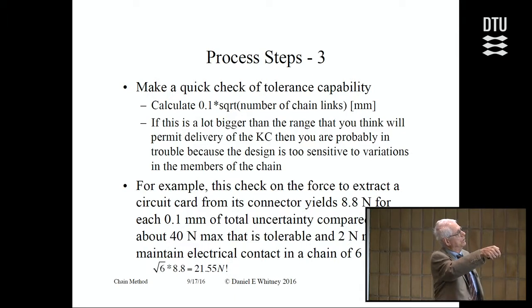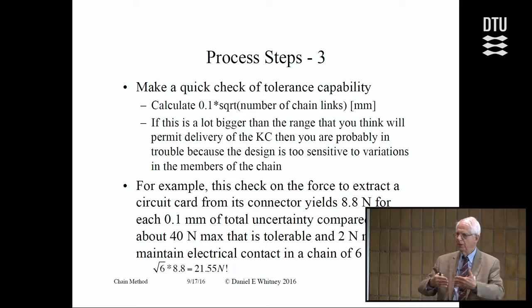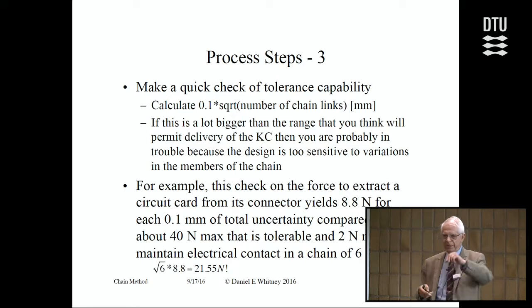This particular example has to do with force. Force is the outcome of dimension in this particular assembly. Plugging a connector into a socket. And you have to compress the springs in order to get electrical contact. And the harder you press, the lower the contact resistance is, and the harder it is to insert the connector.